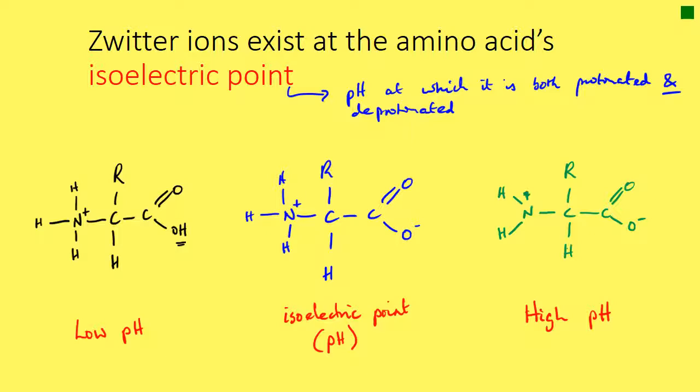Right, so the proton that was on the carboxyl group is going to be sucked off by a floating hydroxide ion and made into a water molecule, and there will be no spare hydrogen ions around to protonate our amino group, so it would stay like that. So that's what our zwitterion or amino acid would look like in a high pH scenario.